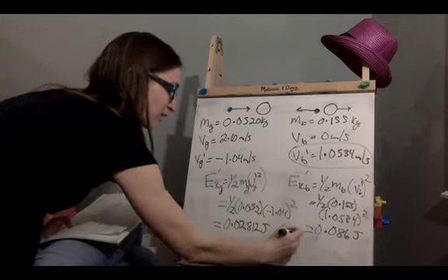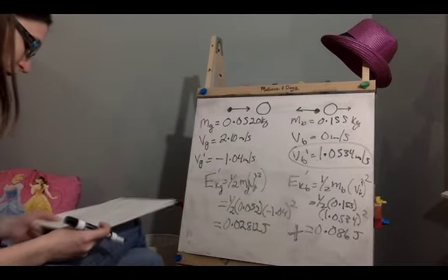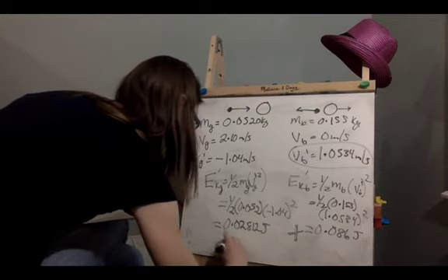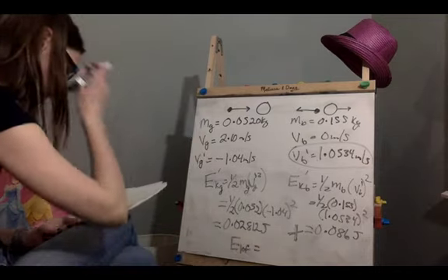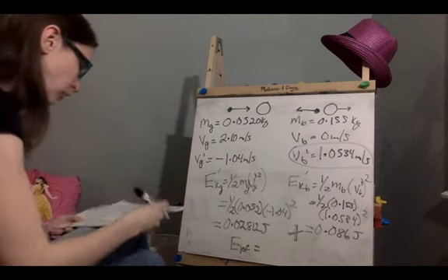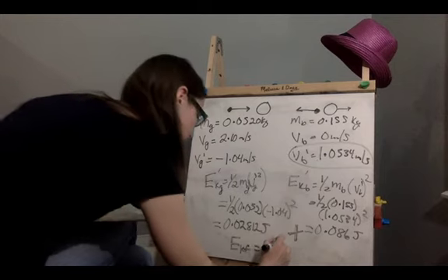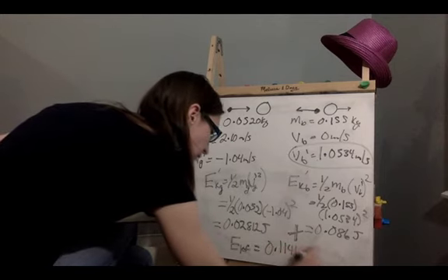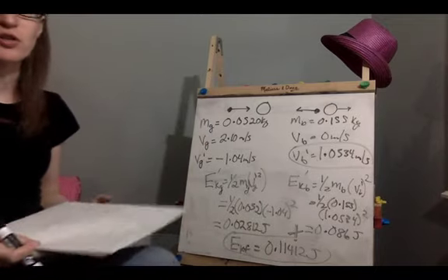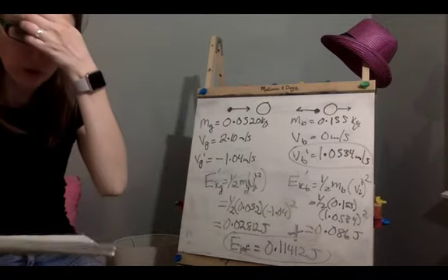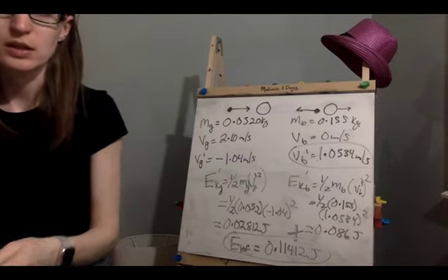If you add these two together, this is like EKF here, you get a value of 0.11412. So our final kinetic energy was 0.11412, and our initial was 0.11466.